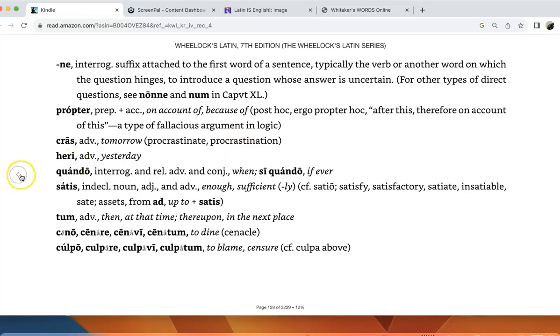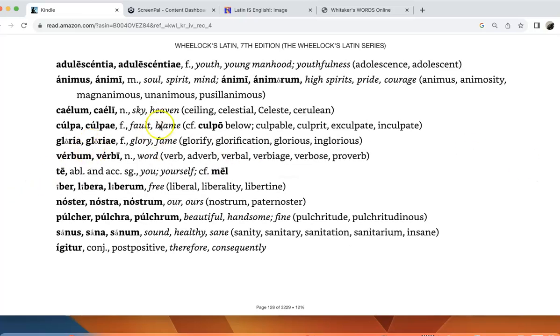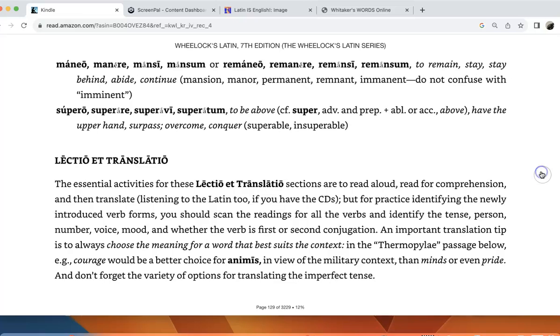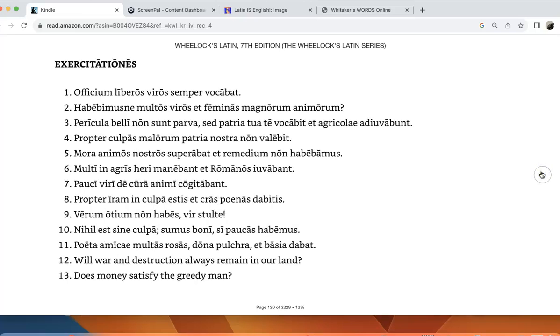So we have a few more words in this chapter than we often do, but I think you'll go through and find these words fairly straightforward, as well as the importance for English derivatives. Okay, so I want to go into the examples.